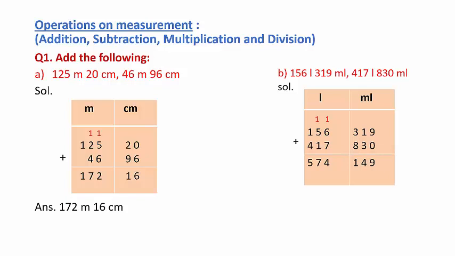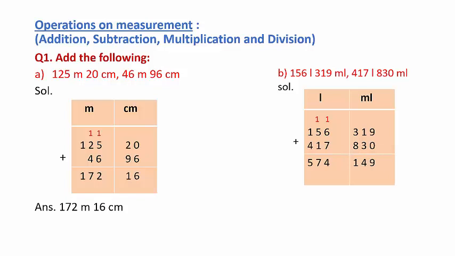So 9 plus 0 is 9, 1 plus 3 is 4 and 3 plus 8 is 11. So we know that 1 liter equals 1000 milliliter. So when we add milliliter, that is 319 and 830, we get 1149. We can split it as 1000 plus 149.